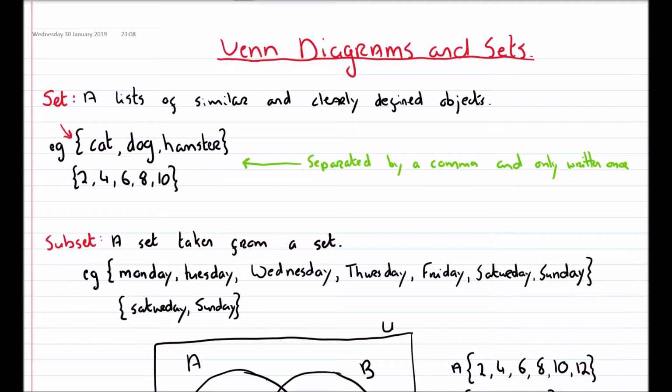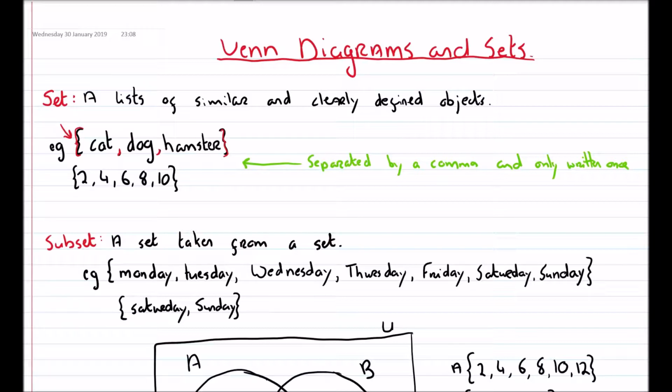If we look down here, 2, 4, 6, 8 and 10, that would be a set of even numbers between 2 and 10 inclusive. Notice when we're doing sets, we will use these squiggly brackets just to show that it is a set we're talking about. Also, we will separate each object with a comma.